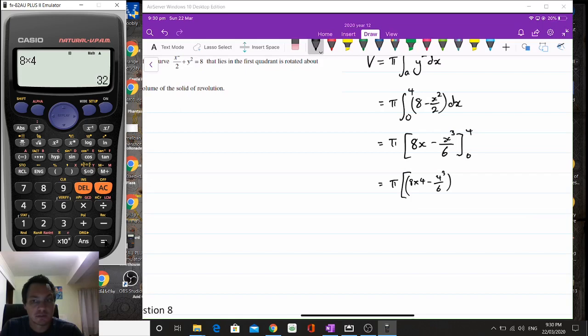8 times 4. I probably should have kept actually 8 times 4 minus 4 cubed over 6. Okay, so 64 over 3 is that part. And because now I could go through and then substitute 0 in, but I know that if I did that, I'm wasting my time, because we get 0 cubed, and then this 4 is also a 0.